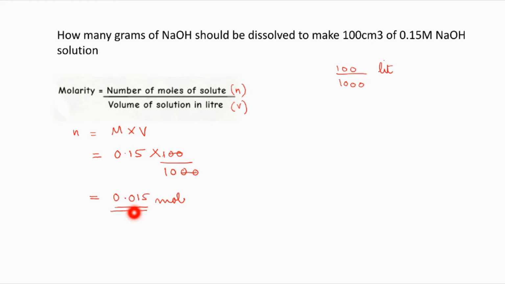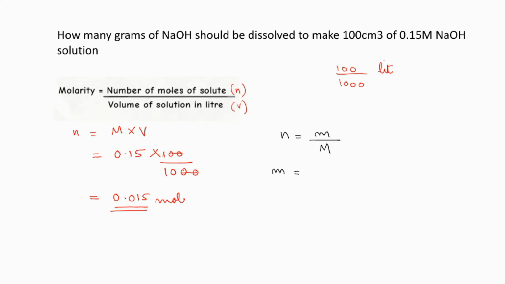But they are not asking the number of moles. Instead, they are asking what will be the mass of 0.015 mole of sodium hydroxide. We have a shortcut formula. Write that number of moles is equal to given mass divided by molar mass. What will be the mass of sodium hydroxide taken?